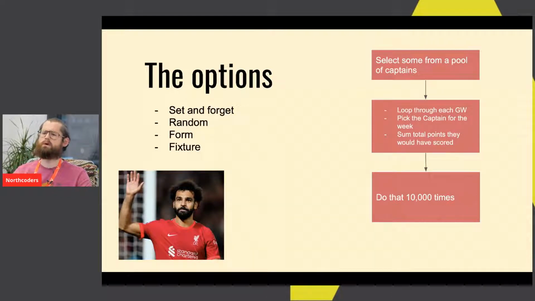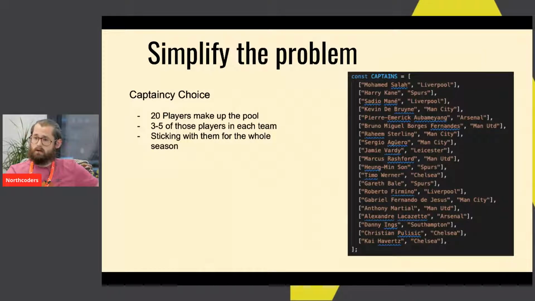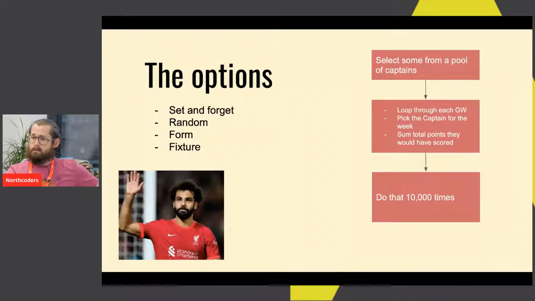So what I'm going to do is I'm going to select a pool of between 3 and 5 potential captains from the ones that we showed here. And then I'm going to loop through each game week, and I'm going to pick a captain for the week based on one of these 4 models.